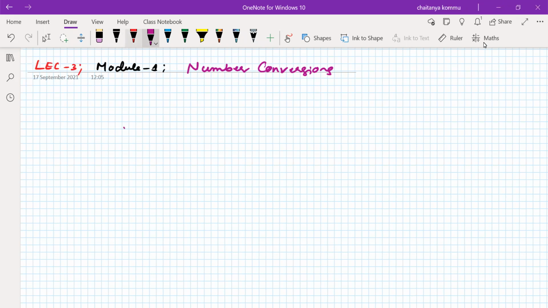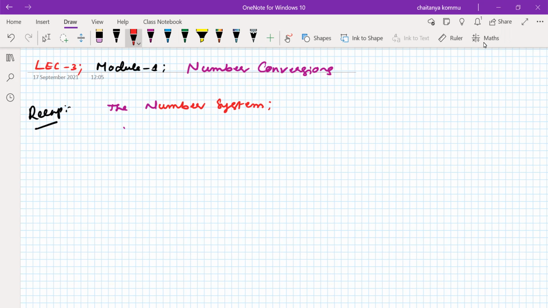So in the last class, let us recap what we have seen. We studied about the number systems. Depending upon the number of digits that we use, we can define a number system.